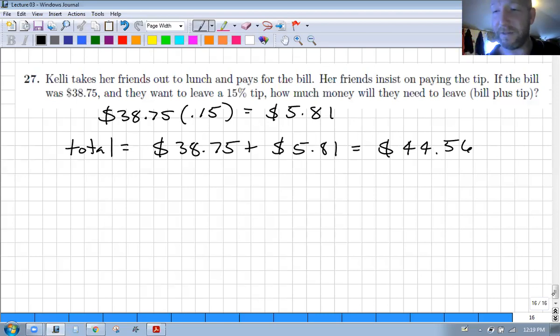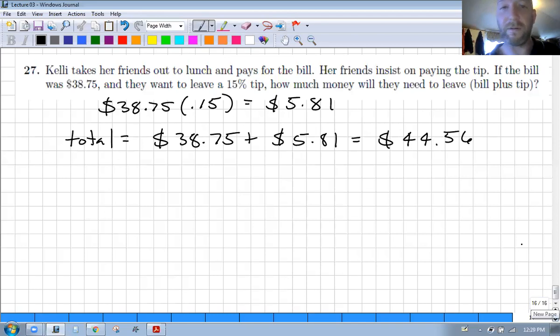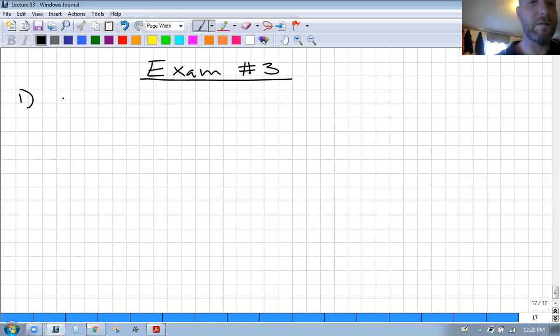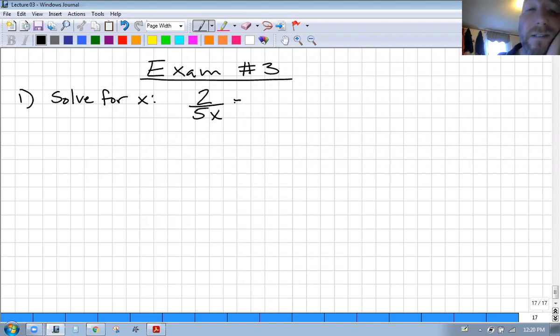Let's see, we have about 15 minutes left, so I'm going to give you your exam number 3. One, solve for x. All right, let's do 2/5 x equals 7.